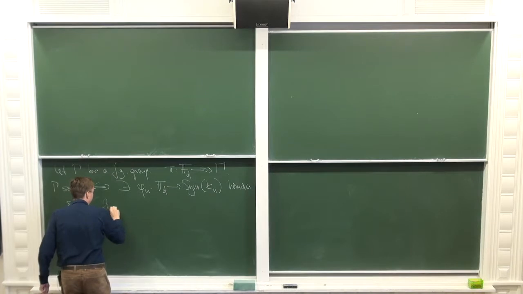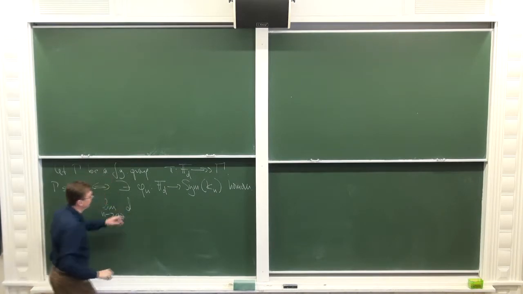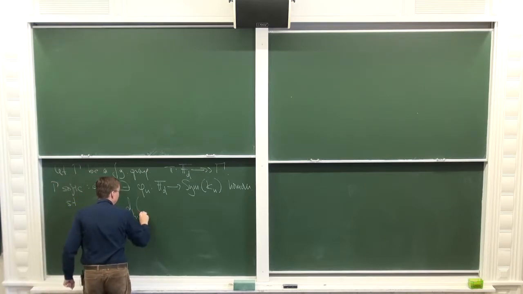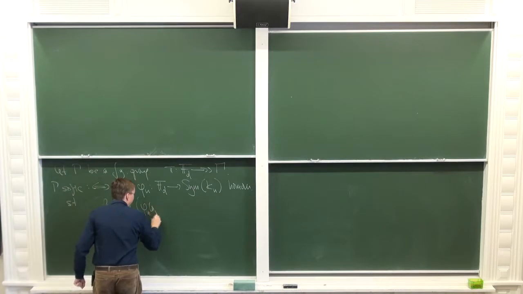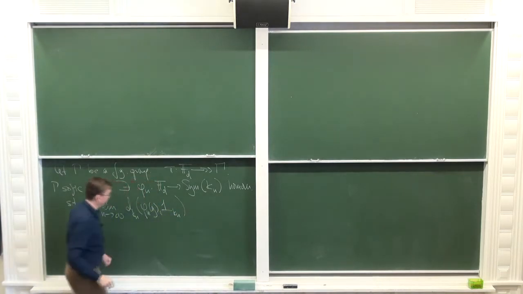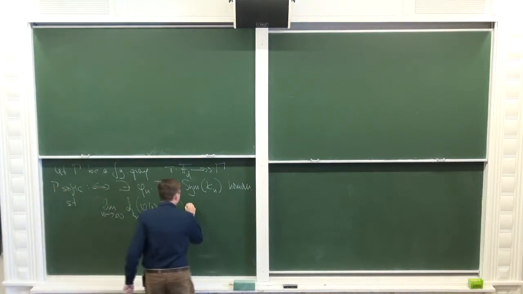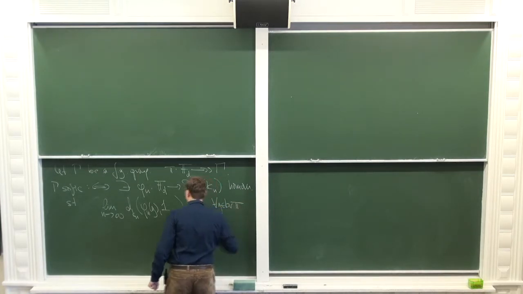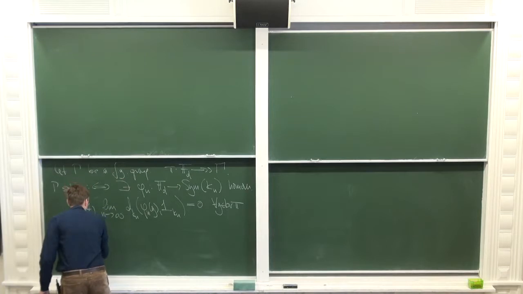First of all, as n tends to infinity, the Hamming distance computed in this symmetric group, so I will write d_{k_n} of phi_n of g to the neutral element, is supposed to tend to 0 for all g which lie in the kernel of pi. So that was the first condition.